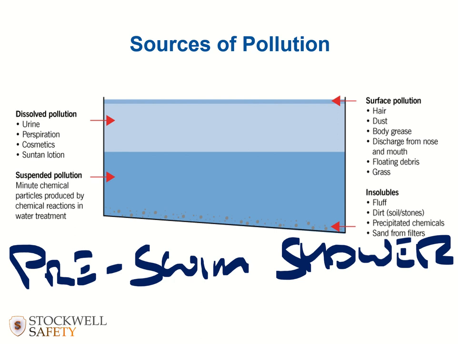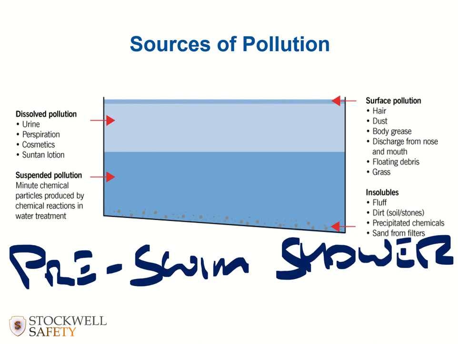That would ensure that most of the pollution that they would otherwise bring into the pool gets washed off and goes down to drainage rather than going into your swimming pool and contributing to the amount of pollution ending up in it. So the old saying, an ounce of prevention is worth a pound of cure, definitely applies in this situation.